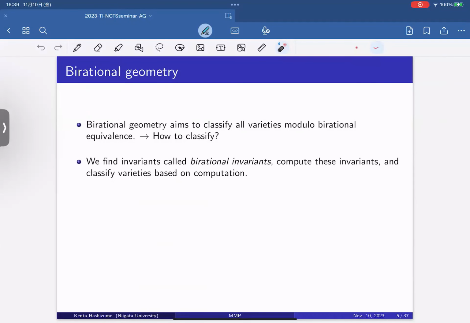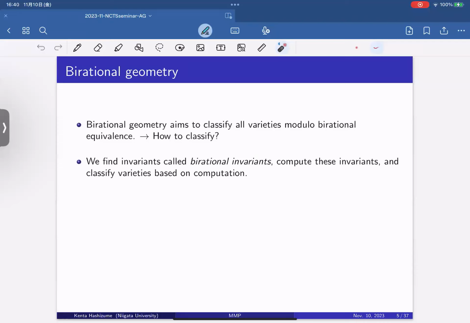For the classification, we first find birational invariants. They are invariants not changed by birational modification. And then we compute these birational invariants.